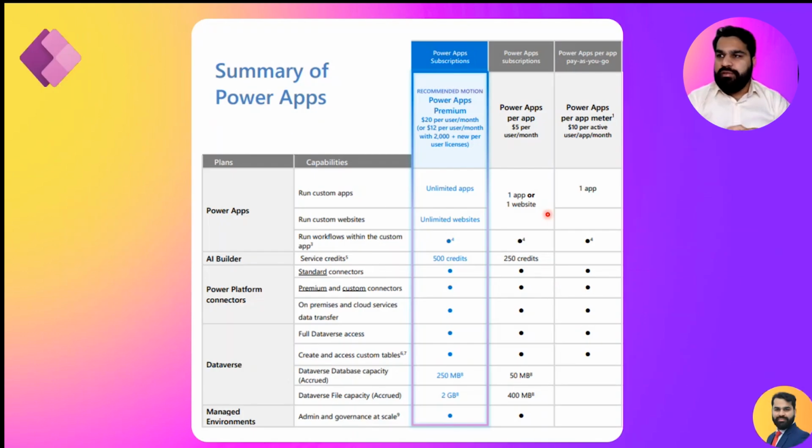So first of all, we will talk about Power Apps licensing. Before we go into Power Apps licensing, we will talk about different connectors which are available within Power Platform. So to connect any of the Power Platform product, when I say Power Platform product, I am talking about Power Apps, Power Automate, Copilot Studio, Power Pages, and Power BI as well.